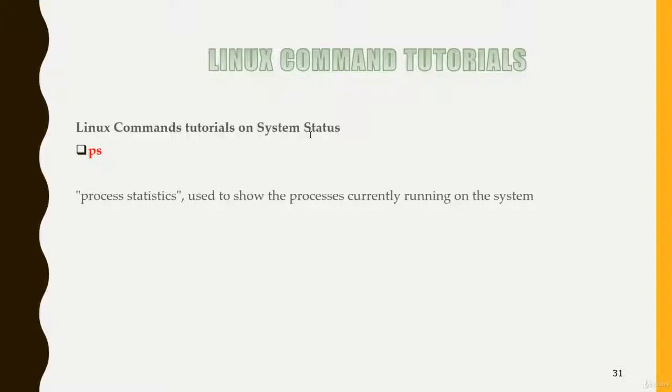Moving to the next command, your next command is the top command. The top command is an inbuilt utility with the Linux or Unix operating system, which is used to show the processes running, along with CPU usage, memory usage, all those things.